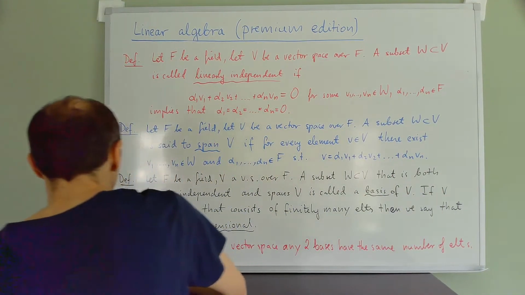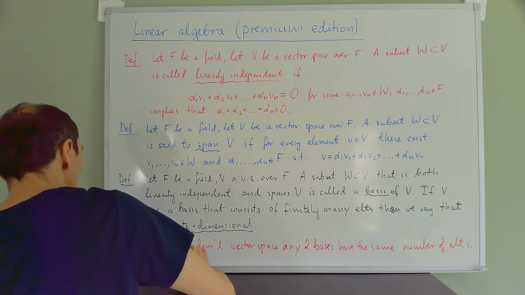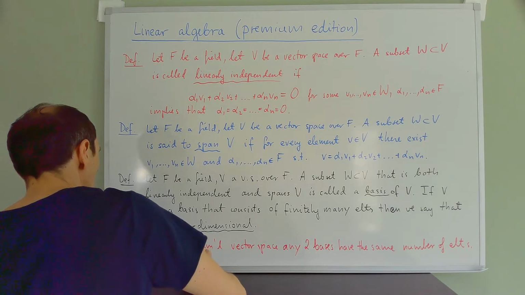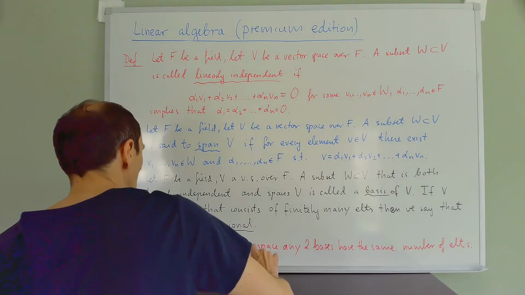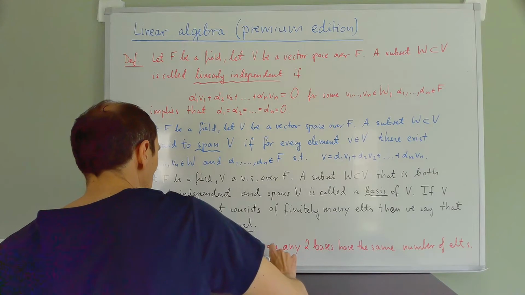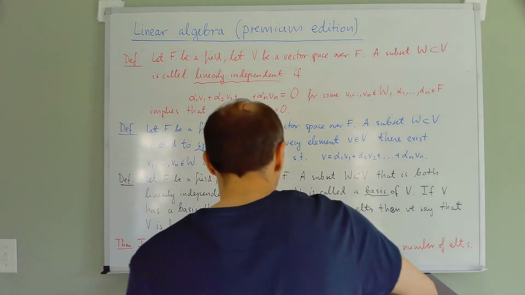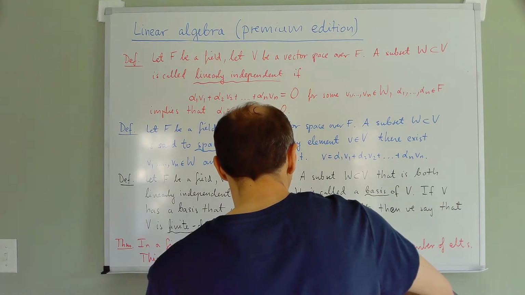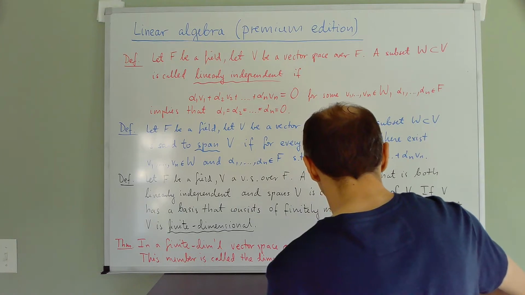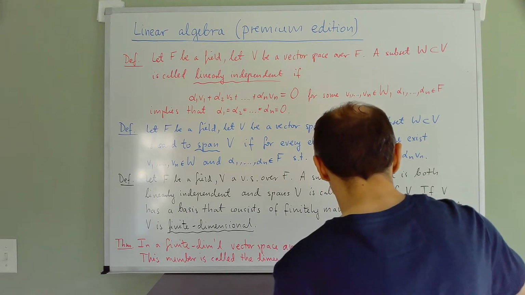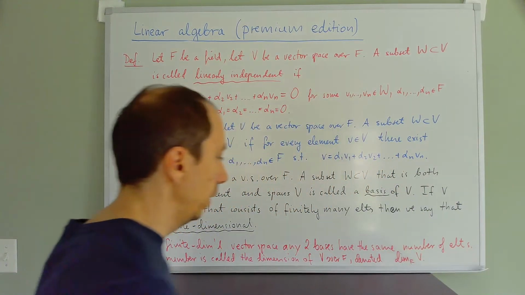This number is called the dimension of V over F, denoted dim_F of V.